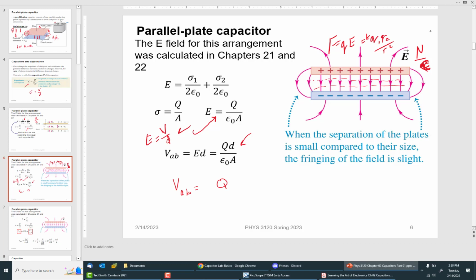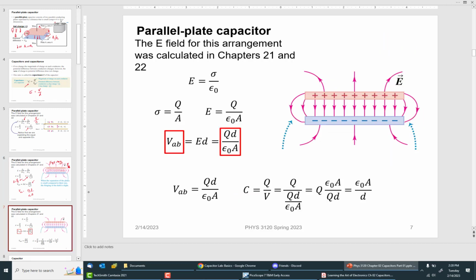This is the important thing to see: QD over epsilon 0 A. And it should have all the same stuff on it.